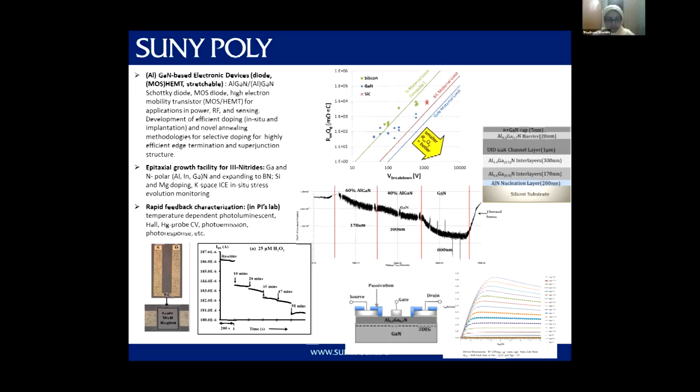One really interesting thing we can do is monitor the device in situ as it grows, so we can monitor the stress that's being built up. What you see in the middle of this slide is stress evolution as a function of thickness. We can monitor that as we put down the first layer, then the second layer, then the third layer, and see how the stress is evolving.